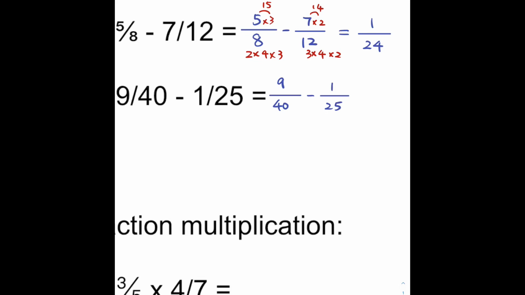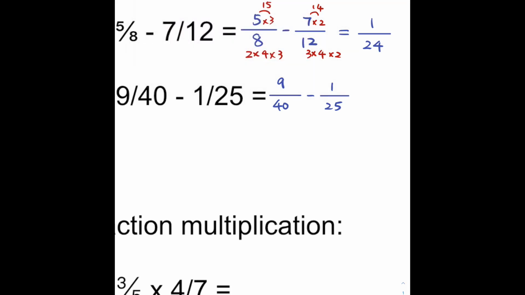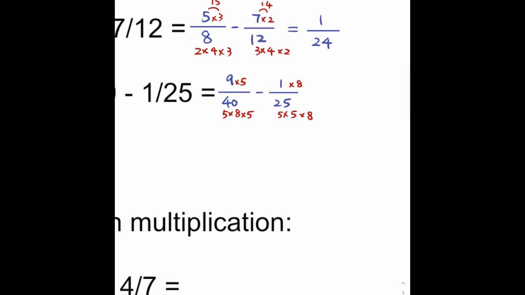And 40 we can rewrite as 5 times 8, and 14 as 2 times 7. We need to times 5, we need to times 8, and 45, 8.